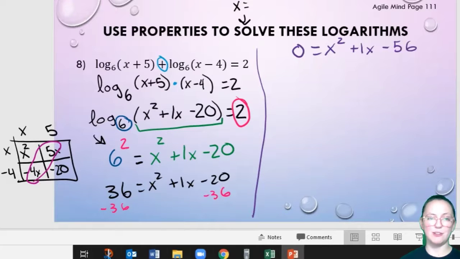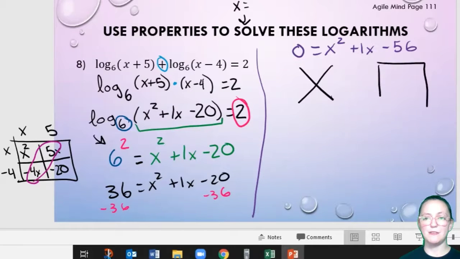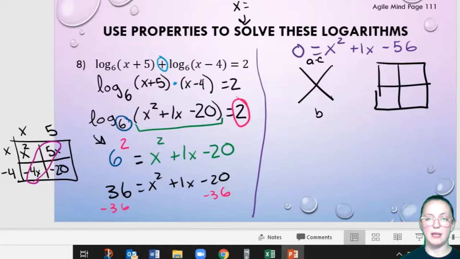And we're going to factor this because we need to get our solutions, our x equals. So we're going to go ahead and put this through our x and our box to factor it. So we have our a times c at the top and our b on the bottom. A times c, a being the 1, c being the negative 56, we get negative 56 on the top, and our b on the bottom is a positive 1.